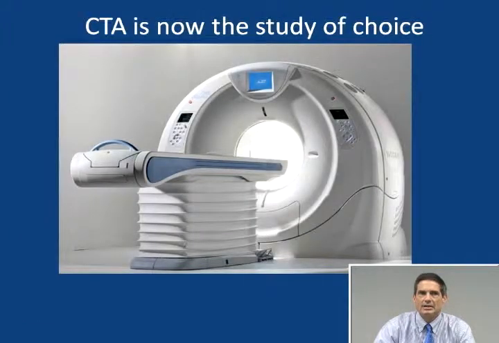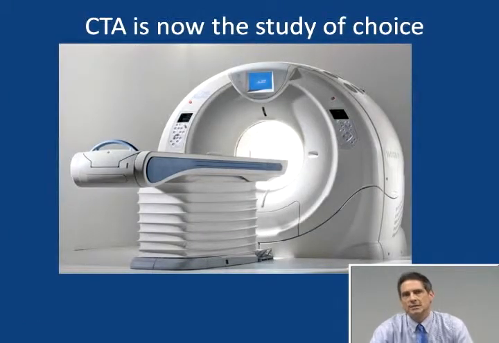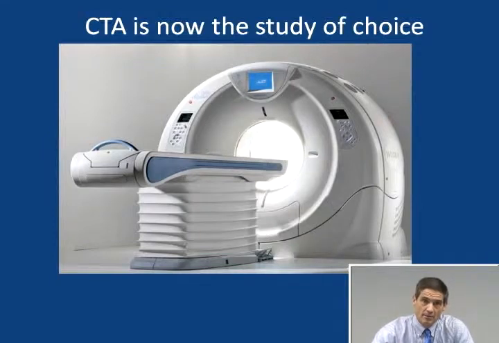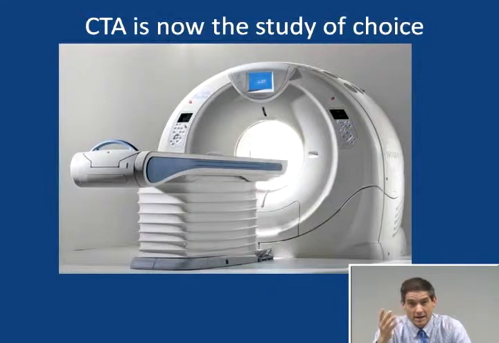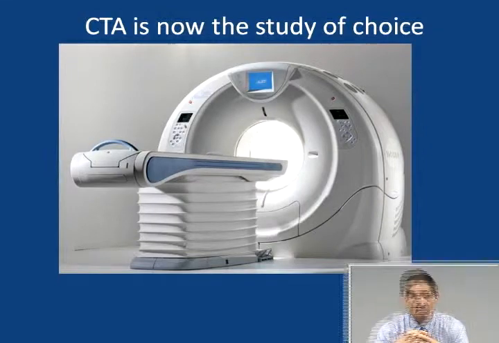So CT angiography is now the study of choice. Pulmonary angiography was performed with an intravenous catheter through the groin into the femoral vein and brought usually into the cava, right atrium, right ventricle, with contrast injected, even into the pulmonary outflow tract, and then pictures of the pulmonary arterial tree.